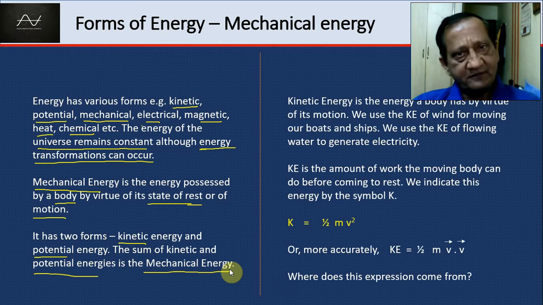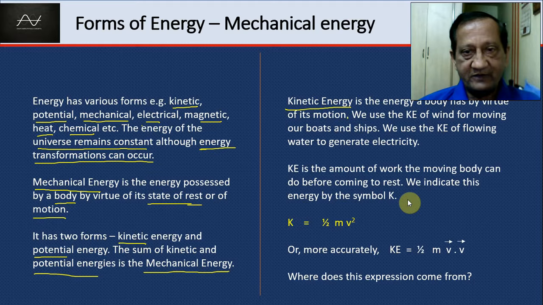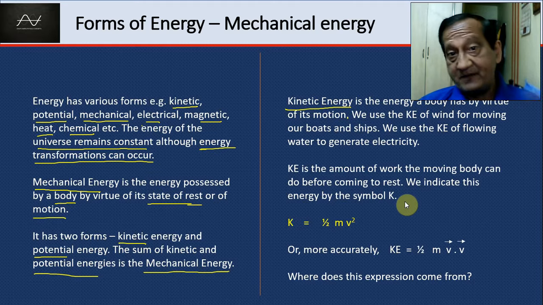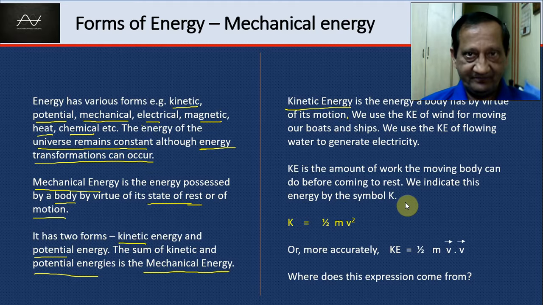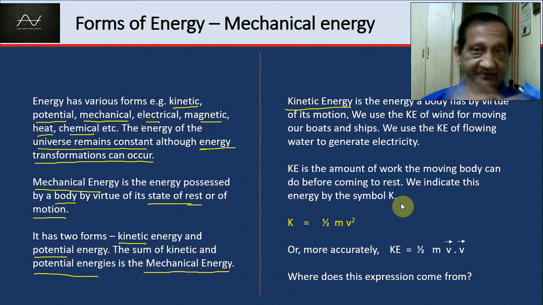Now, if you think of kinetic energy, how can we describe it? It is the energy a body has by virtue of its motion, all right. But if a body was at rest and it was imparted a velocity v, obviously a force was involved in the process, right? Nothing moves of its own. Like a football was kicked, it picked up a velocity.